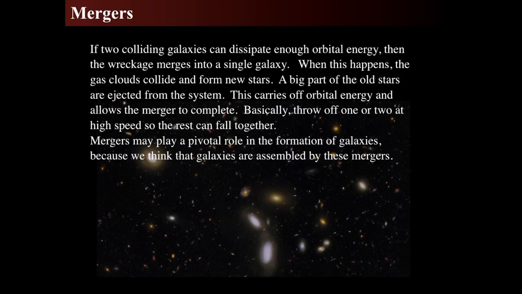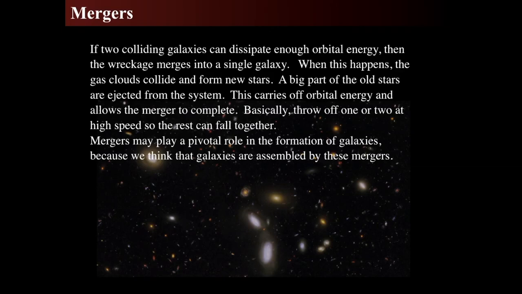That then makes the gas clouds collide, that forms new stars, and then the entire thing merges into one big galaxy. So mergers appear to play an incredibly important role in galaxy formation and evolution.